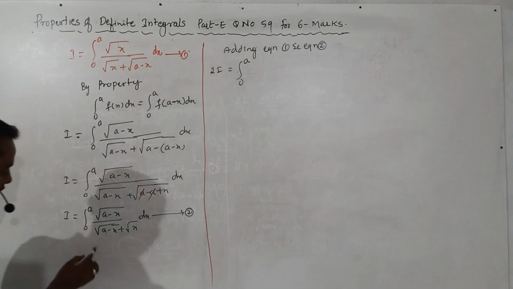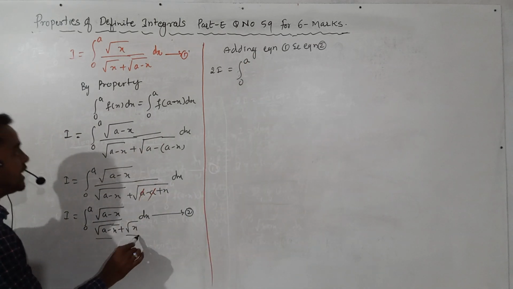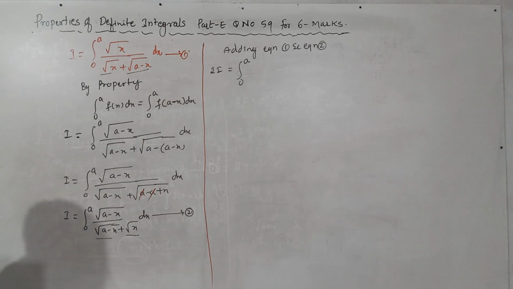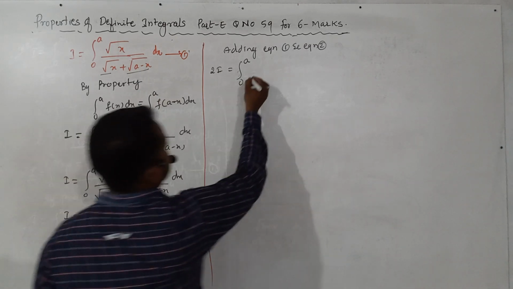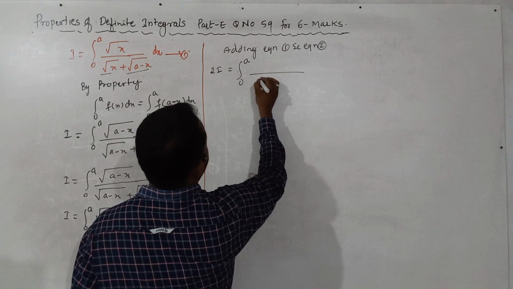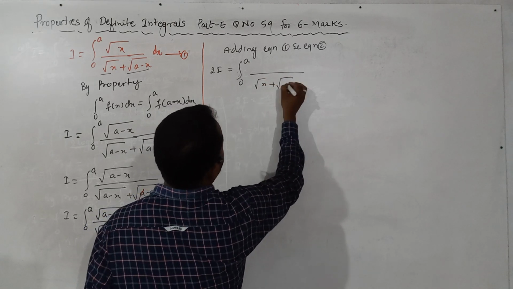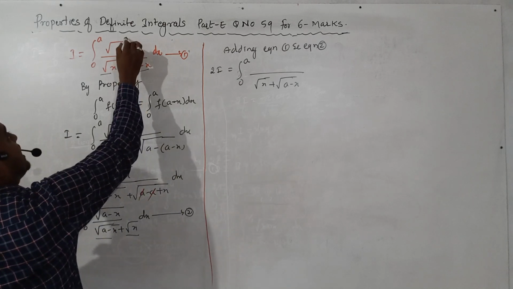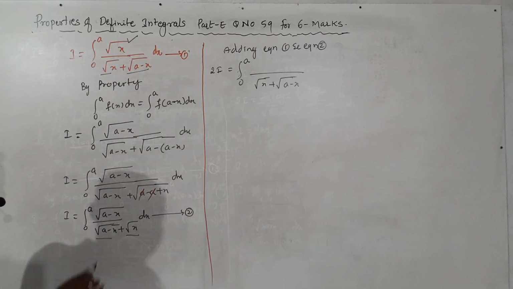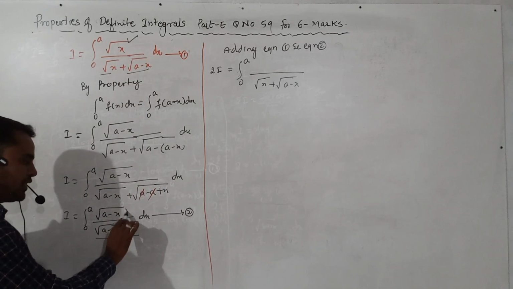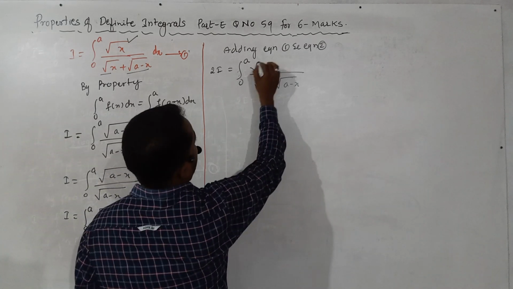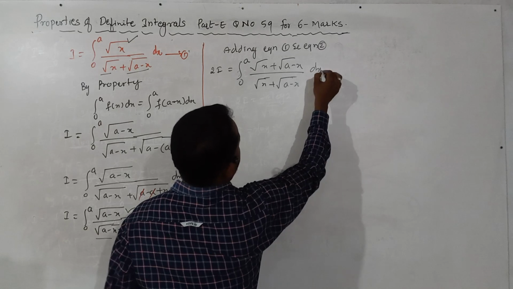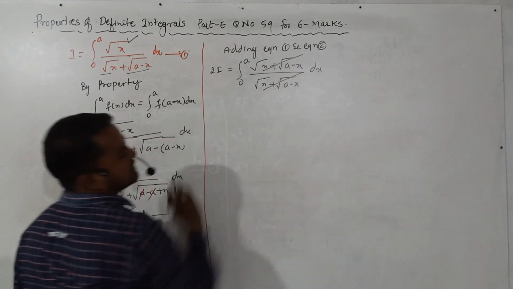Denominator is the same, so keep the denominator as it is, that is root x plus root a minus x. Add the numerators. The numerator of equation 1 is root x, and the numerator of equation 2 is root a minus x. Root x plus root a minus x dx. Now this term and this term get cancelled.